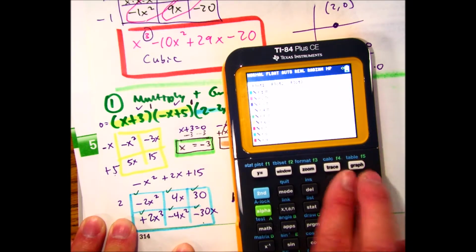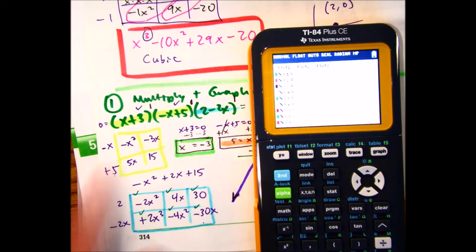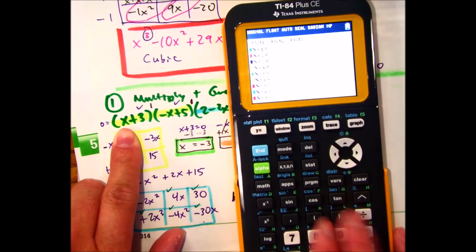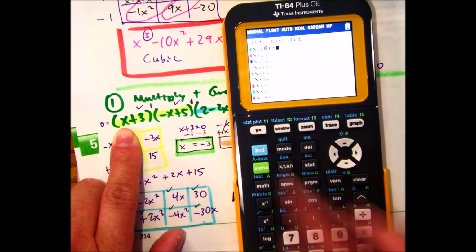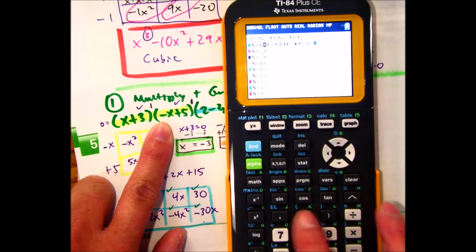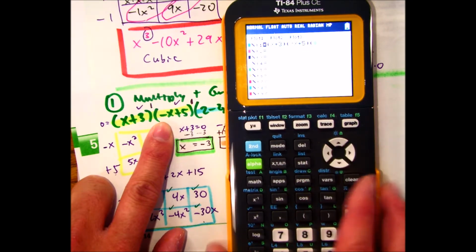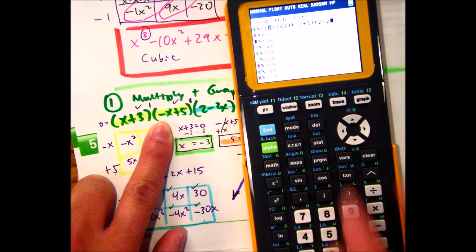Go ahead and have your calculator so you can graph it. So I'm going to use this before I expand it, so x plus 3, negative x plus 5, that's not an x, and then 2 minus 2x.